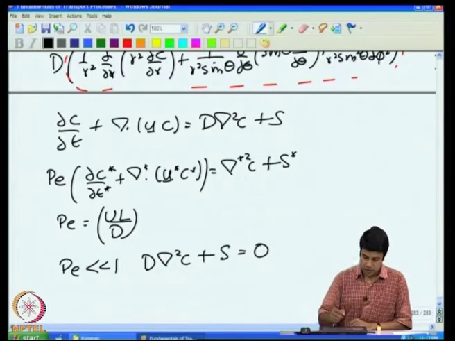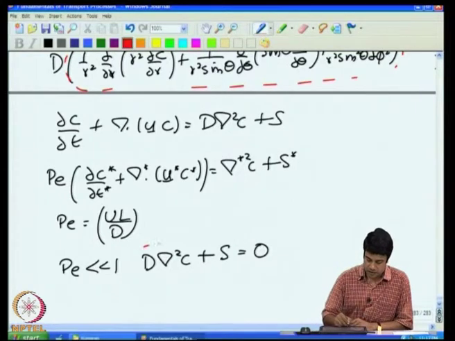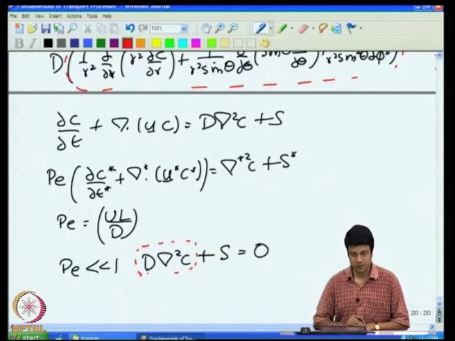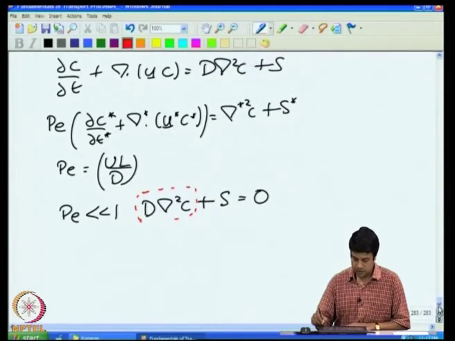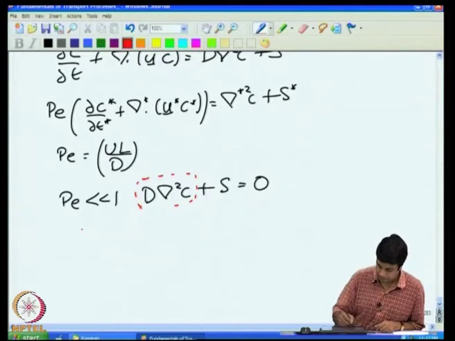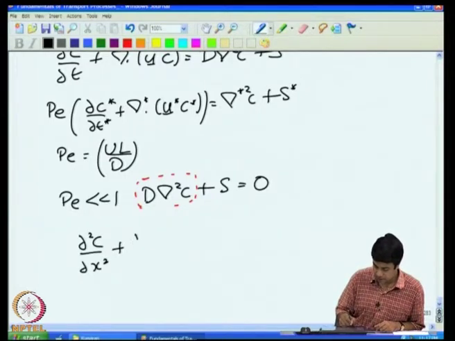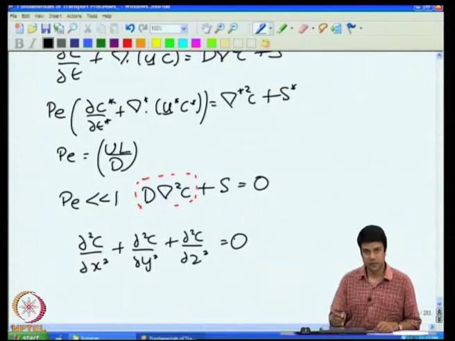So, this basically reduces to a strategy for solving D del square c equal to 0 in general. In Cartesian coordinates, this has the form d square c by dx square plus d square c by dy square plus d square c by dz square is equal to 0.